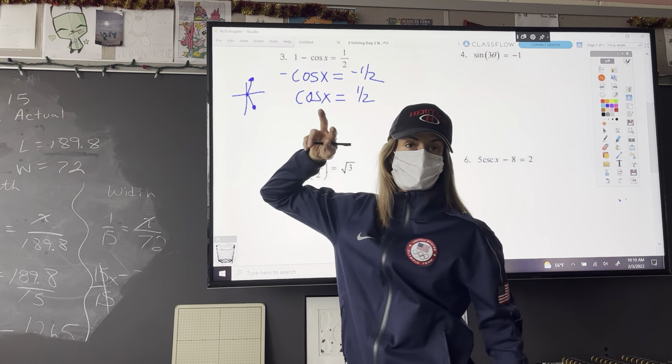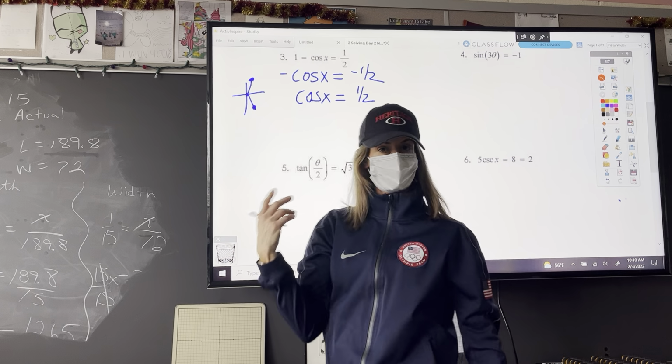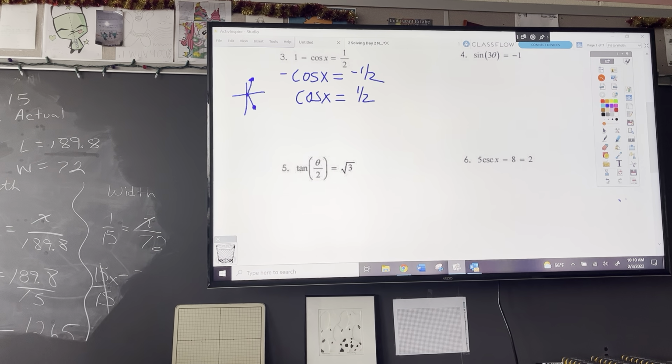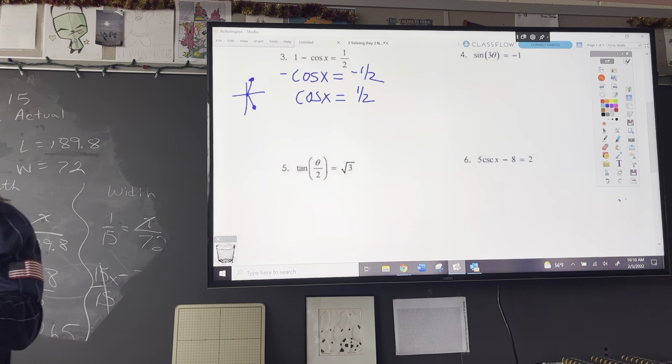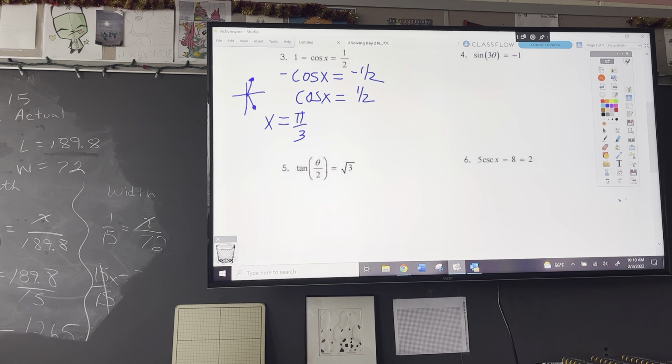So these are the tall angles. So they are going to have denominators of 3. So that is going to be x equals pi over 3. And I'm going to leave some space because you know what we're about to do. And x equals 5 pi over 3.